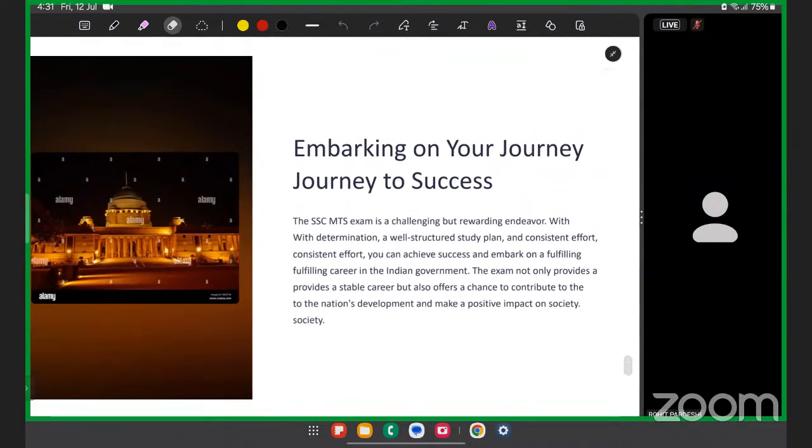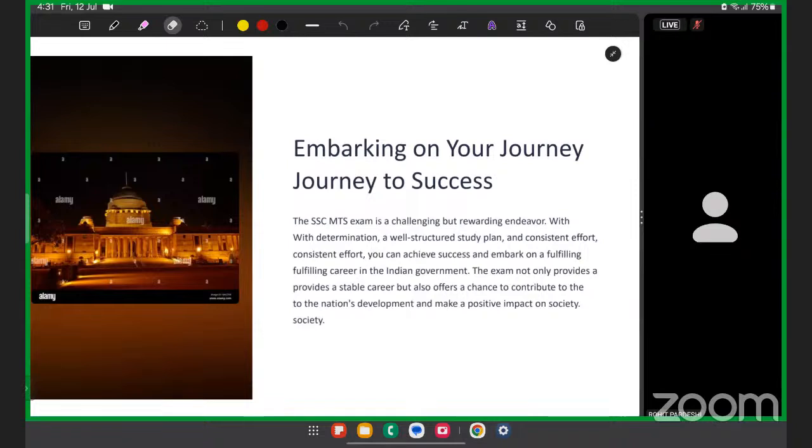Embarking on your journey to success. Now we spoke about the exam pattern, the number of questions, your strengths, your weaknesses, and your planning related to getting through the cutoff, thinking about getting 20 to 30 marks above the cutoff.